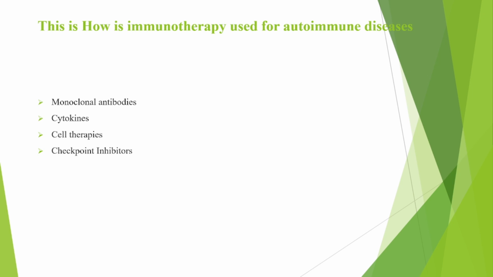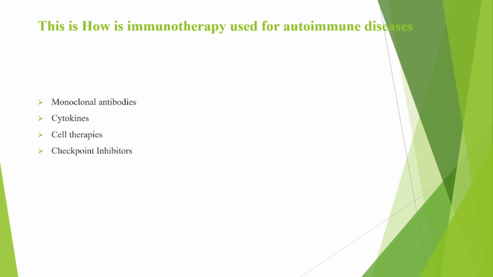They can block inflammation, reduce the activity of immune cells, or even remove harmful immune cells. And then there is cytokine therapy. A cytokine is a signal molecule that regulates immune response. Some immunotherapy treatments involve using cytokines to either boost or suppress a specific part of the immune system.